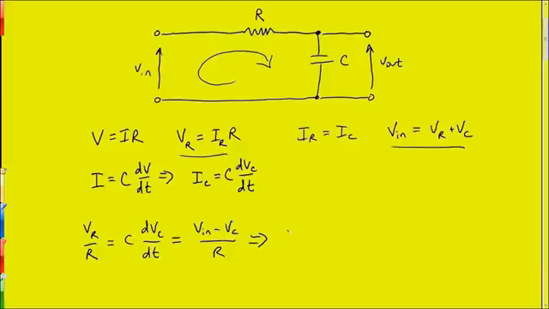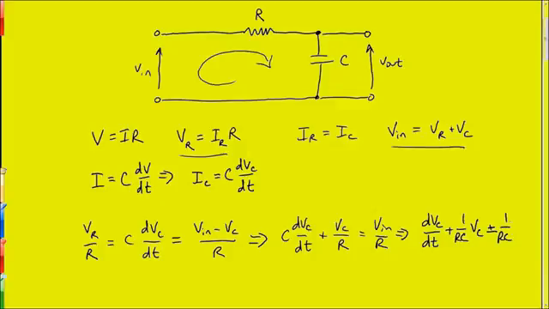We get C dVc dt plus Vc over R is equal to V in over R. And we can divide by the capacitance C once again to get dVc dt plus 1 over RC Vc equals 1 over RC V in.